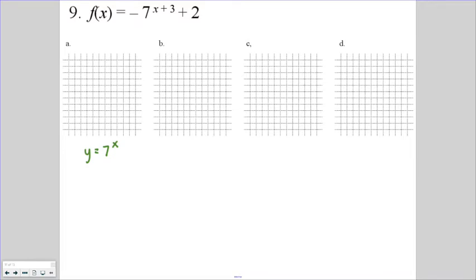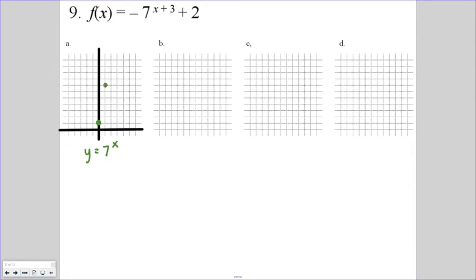So I am going to sketch a graph that is 7 to the power of x. And then what I'll do is I'll transform those points based on the equation that we're given. So I'm going to plot as many points as I can here. When x is 0, y is 1. When x is 1, y is 7. 1, 2, 3, 4, 5, 6, 7.